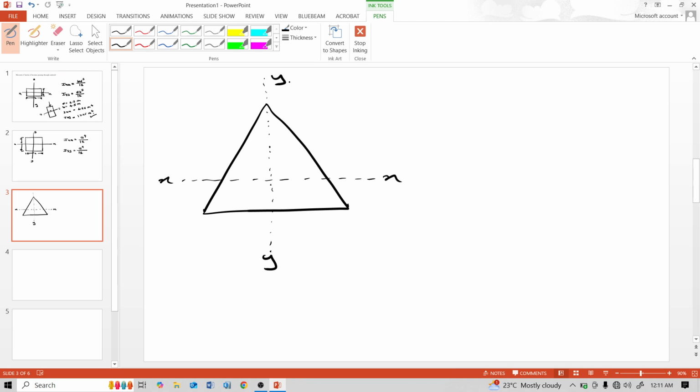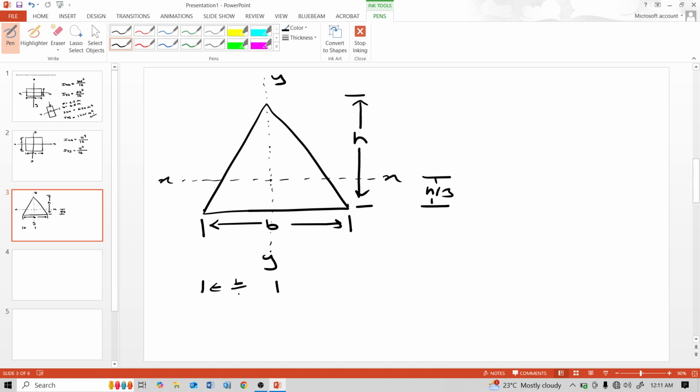This is height h and this is b. And up to this distance is 1 by 3, that means h by 3, and here up to this is b by 2, this b by 2, and this is also b by 2.